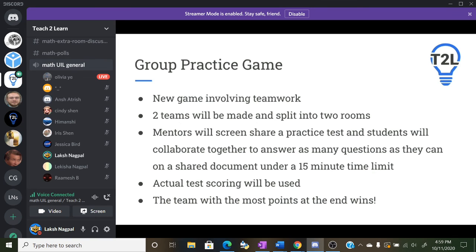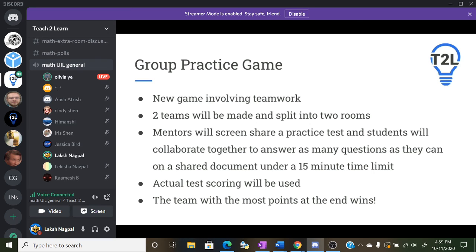The mentors, us, will screen share a practice test, and we'll also give you a document to work on. In that document, you'll see the practice test being screen shared, and you'll work together to answer as many questions as you can within a certain time limit. I think it'll usually be 15 minutes.